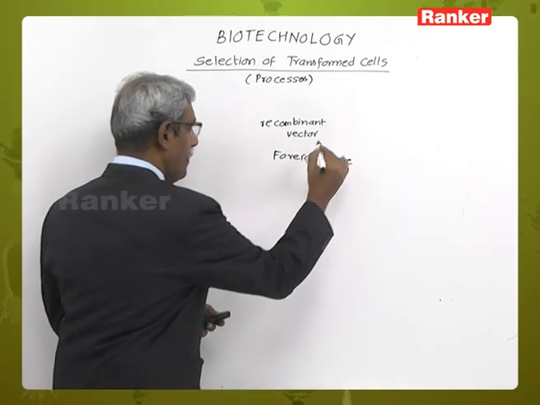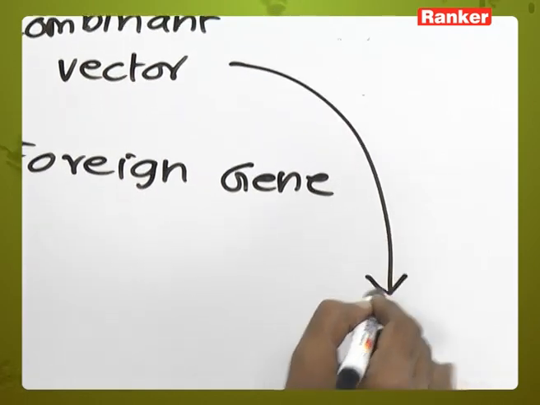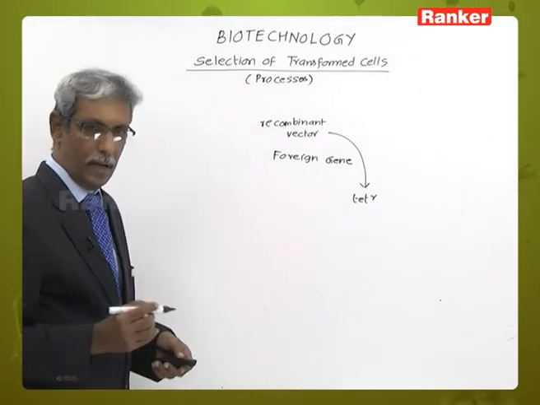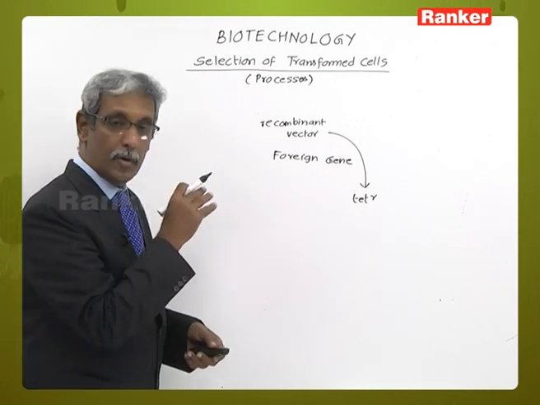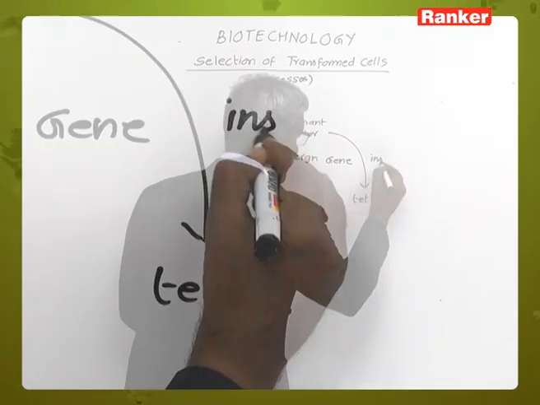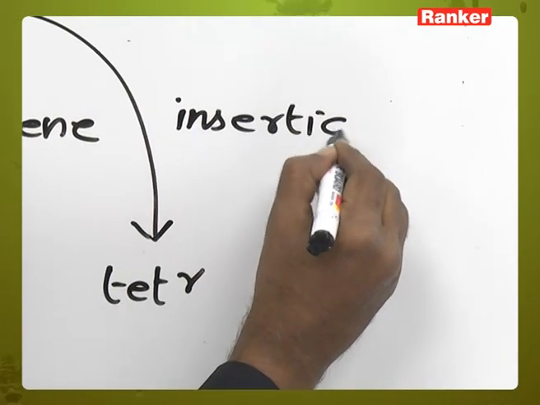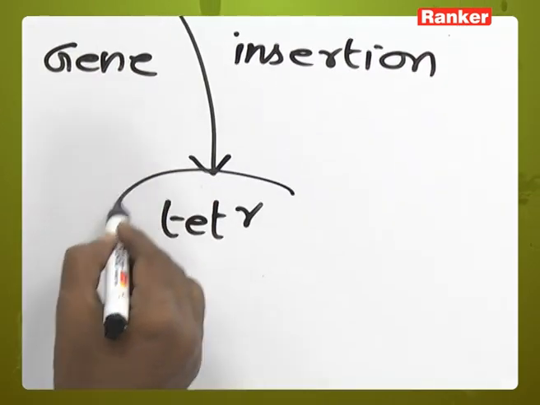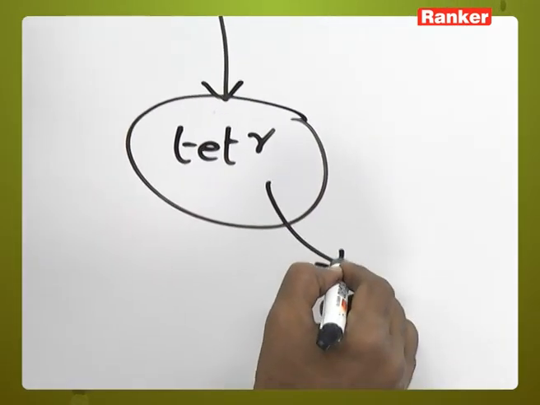Now, if the recombinant vector is inserted into the site of TetR, due to the insertion, the tetracycline resistance is lost.